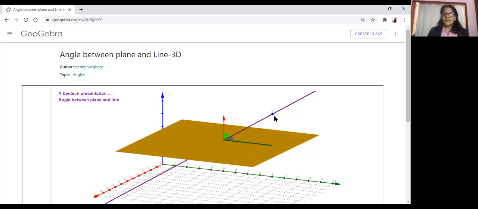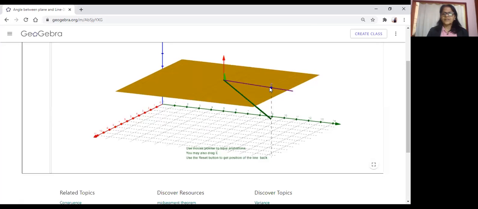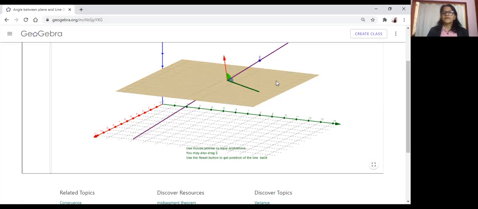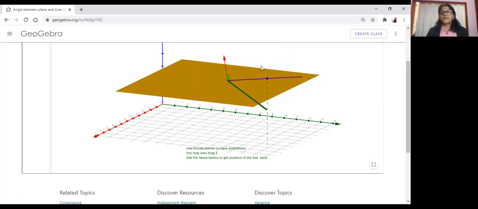Okay, so here this is the line. We can say this is our line L, and this is the plane. Now as you can see, this is the angle between line and plane.